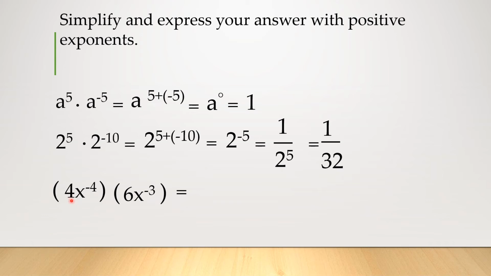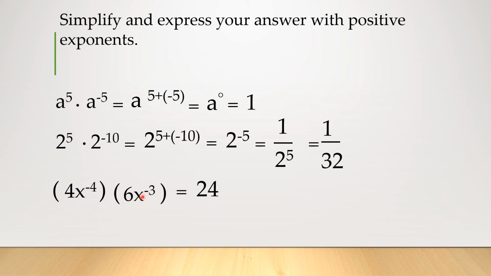Next, 4 times x raised to the negative 4 times 6x raised to negative 3. So first multiply the numerical coefficient. 4 times 6, that is 24. Now you are multiplying x raised to negative 4 and x raised to negative 3.